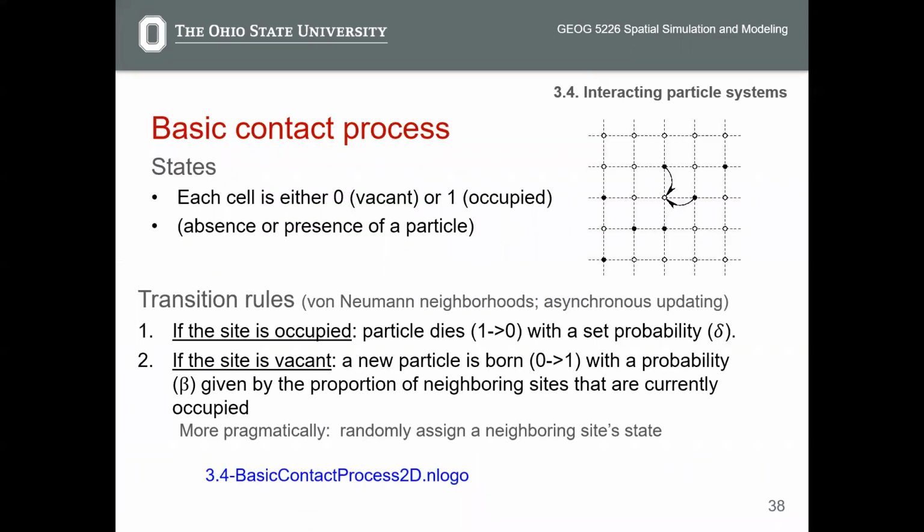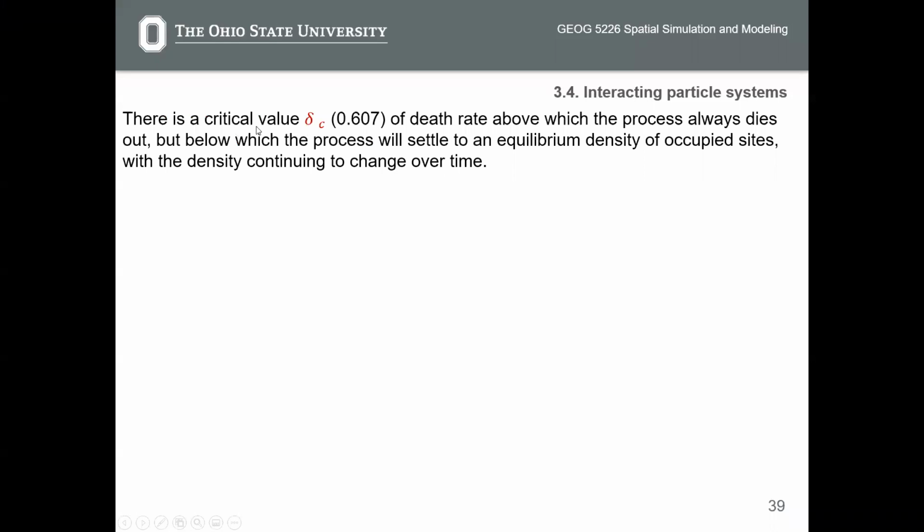And for that value, for that death rate, if the site is currently occupied, a particle dies with a probability delta. It is interesting, there is a critical value for it, 0.607. There is a critical value delta C of death rate, above which the process always dies out, but below which the process will settle to an equilibrium density of occupied sites, with the density continuing to change over time.